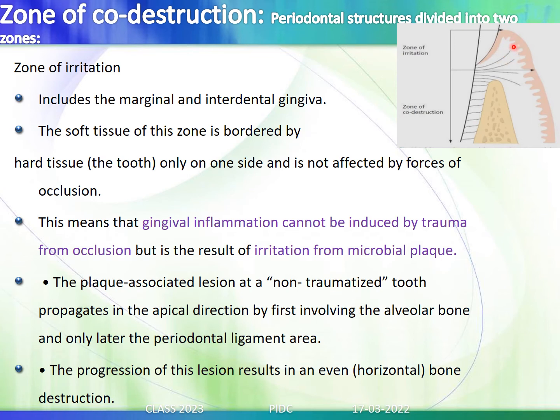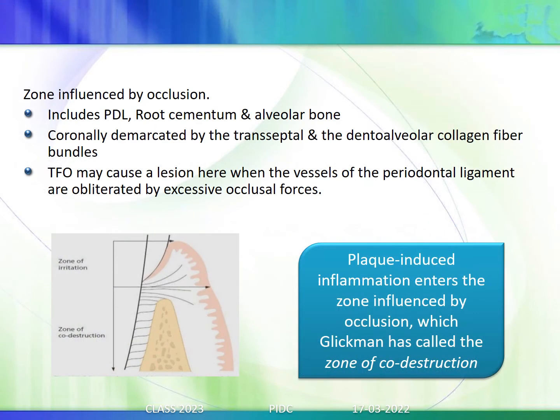So the plaque-associated lesion at a non-traumatized tooth propagates in an apical direction. First it involves the alveolar bone, and later the periodontal ligament area. The progression of the lesion will result in a horizontal bone loss pattern. But there is also a zone influenced by the occlusion.